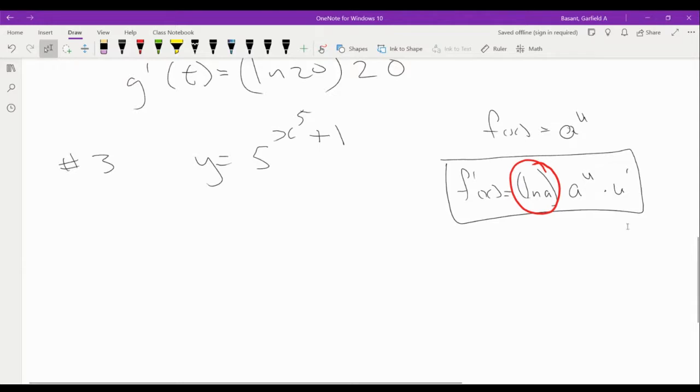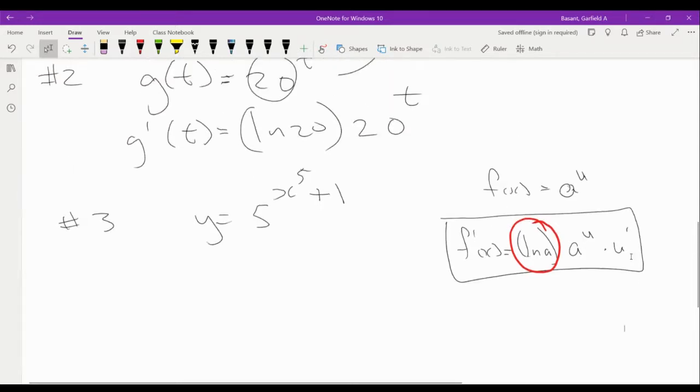This is a to the u because it's not just x. So all of this here is equal to u.